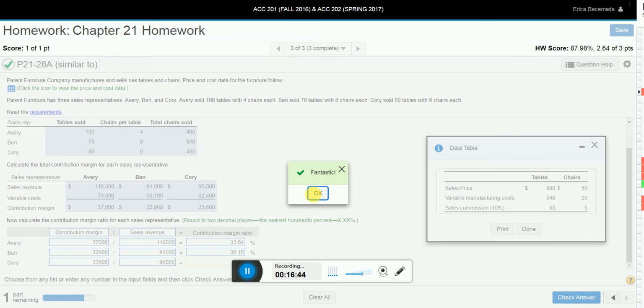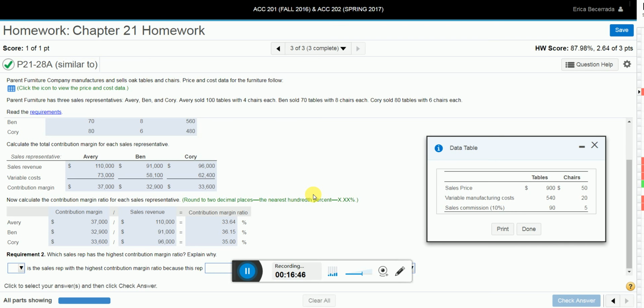Okay, great. Now that we have the contribution margin ratios all calculated, which sales representative has the highest contribution margin ratio? So we can see here that Ben has the highest contribution margin ratio.